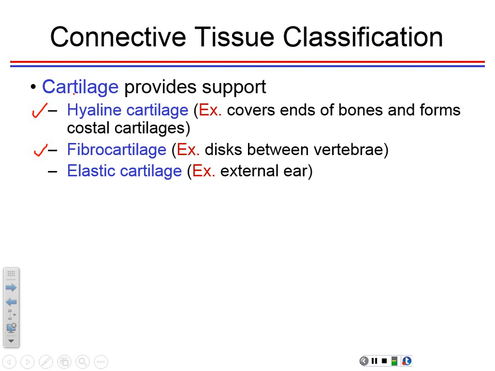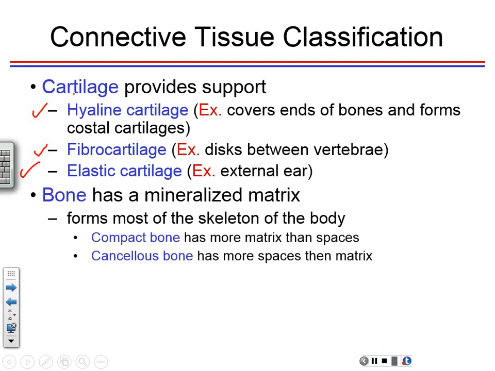It starts off as hyaline cartilage, and then costal cartilages as well. Hyaline cartilage, the ones that connect the ribs to the sternum, and then of course the elastic, like the external ear. The arteries have the elastic connective tissue in them, and then of course bone.